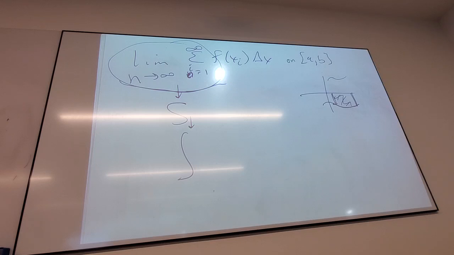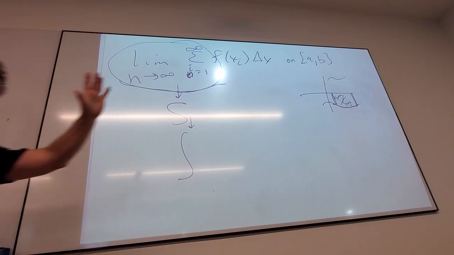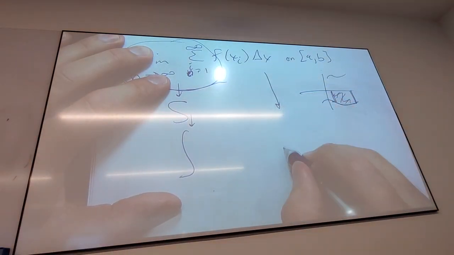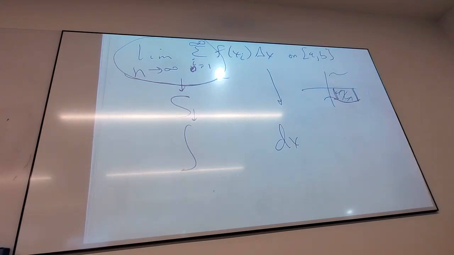So if I let the number of rectangles go to infinity, my width goes to infinitesimally small, I don't skip a damn thing. So I can't use delta, because that's supposed to be for skipping stuff. That's big steps. So what that symbol becomes in the limit is dx. Instead of delta x, it's dx. So when you see dx, that means an infinitesimally small change in x.